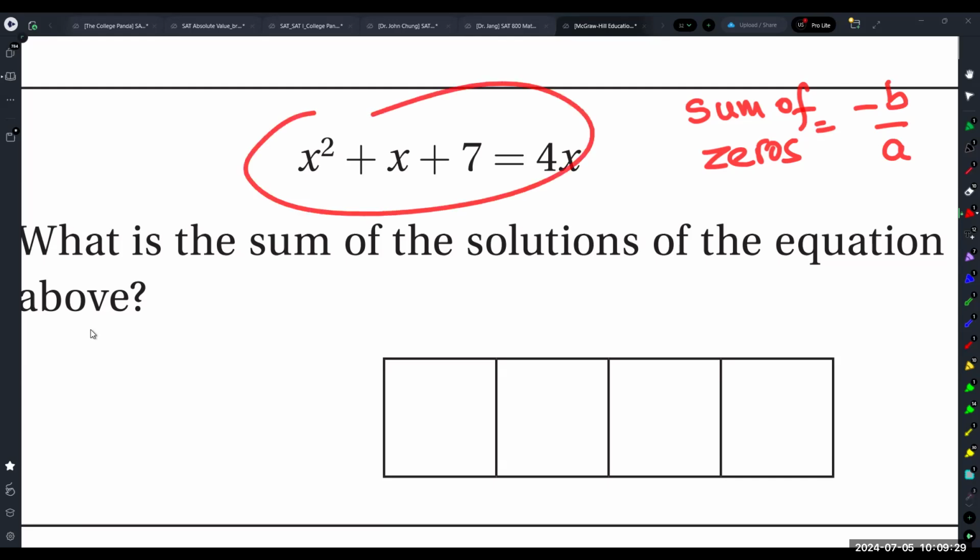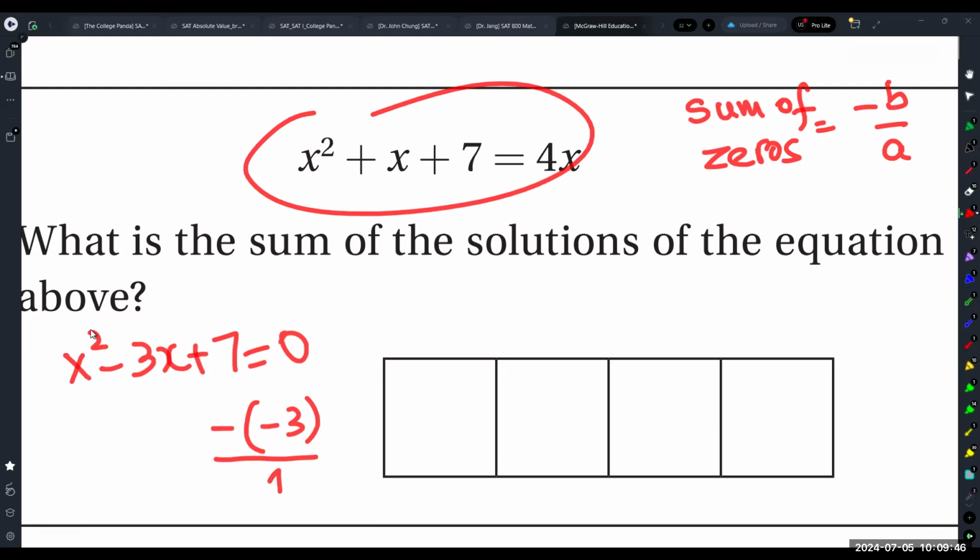First, you simplify the quadratic equation: the 4x goes on the other side, and this becomes x squared minus 3x plus 7 equals 0. Minus b over a means minus of minus 3 over a, which is 1. The answer comes out as 3. So your sum of solutions is 3.